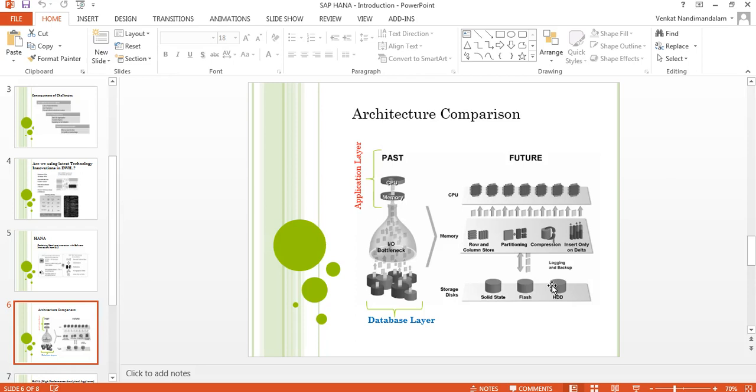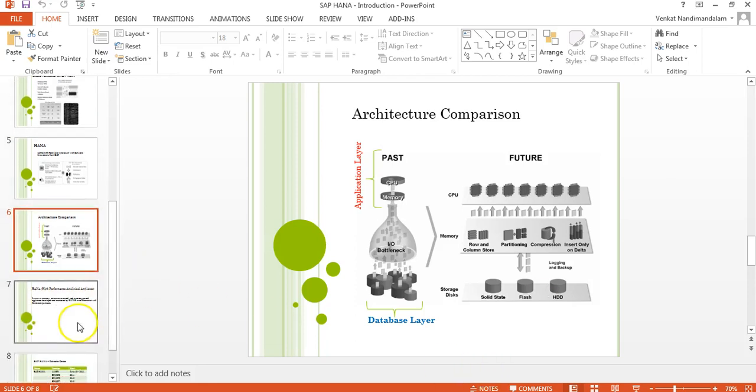You need to have a data backup from where you can quickly copy data into your main memory. We'll talk about these topics in the architecture session, where I'll explain the different components we have in the HANA database and how those components function in the database.